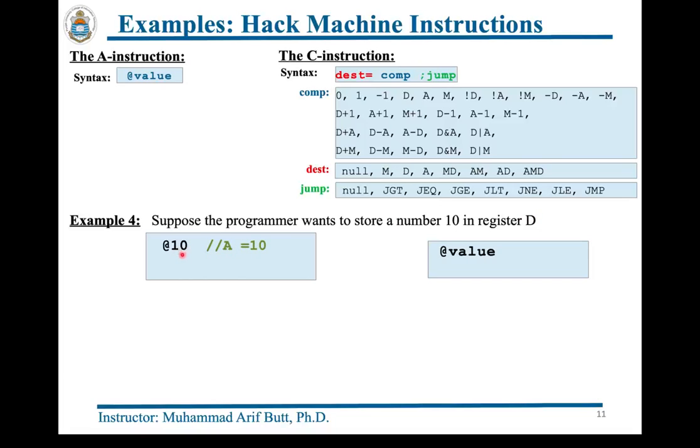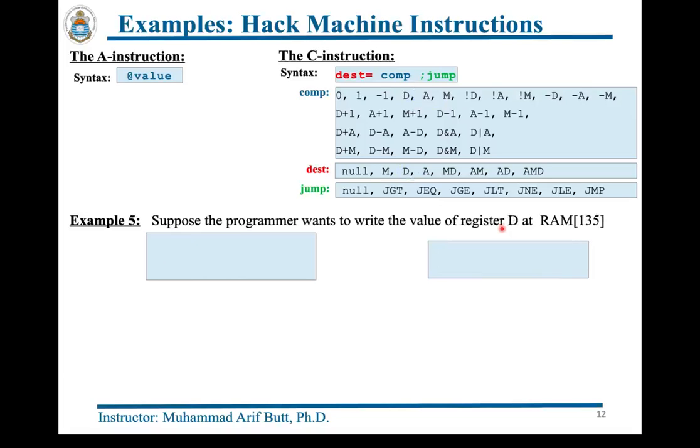So this is the syntax of A instruction, that is placing a value of 10 inside A register. Now we can use the C instruction to perform the task, in which the destination is D and the computation is A, and A already contains 10. So these are the two instructions which will together perform the task of storing a number 10 in register D.